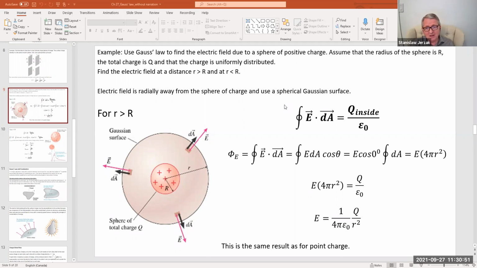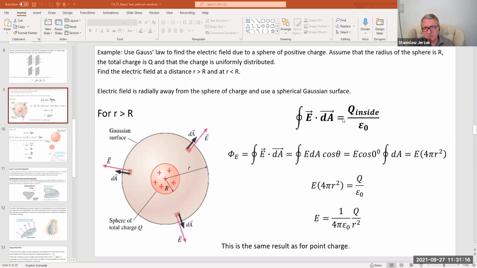So on the screen, you see the Gauss law. By now, hopefully, you all remember the mathematical form of Gauss law: the flux of the electric field through a closed surface must be equal to the net charge inside of that surface divided by permittivity constant.